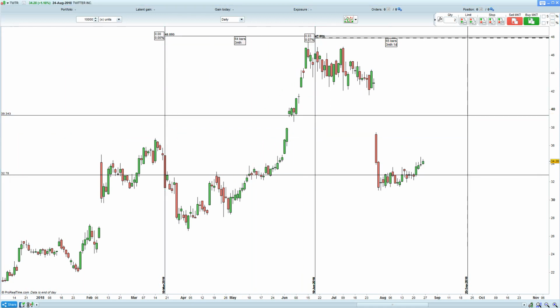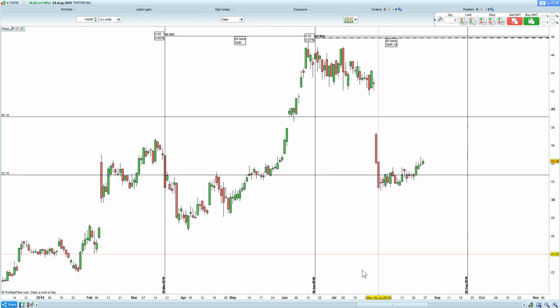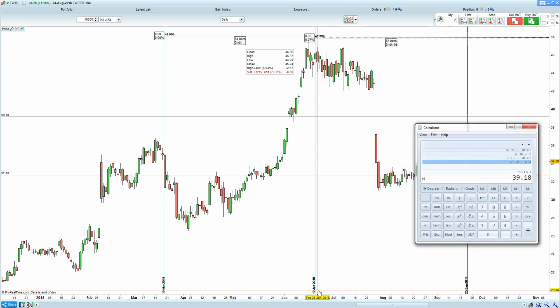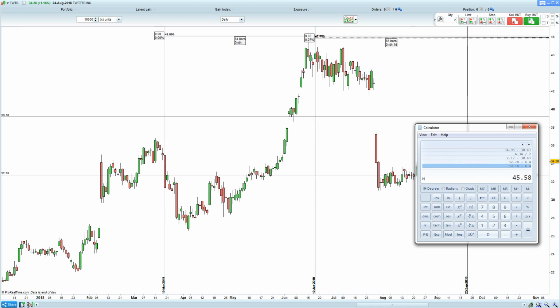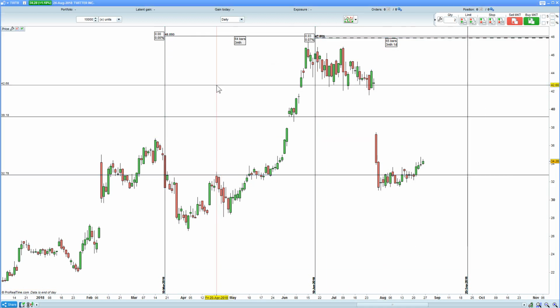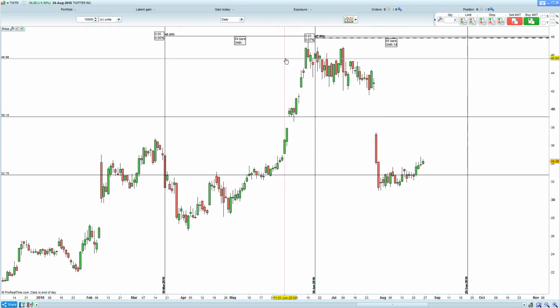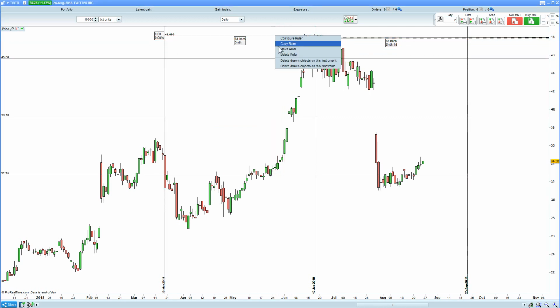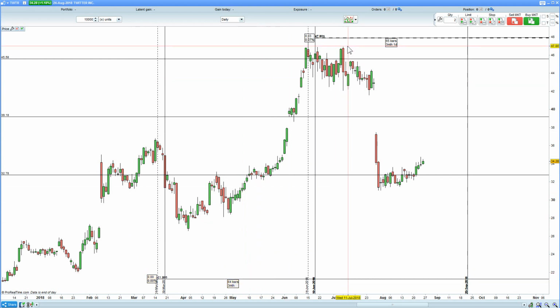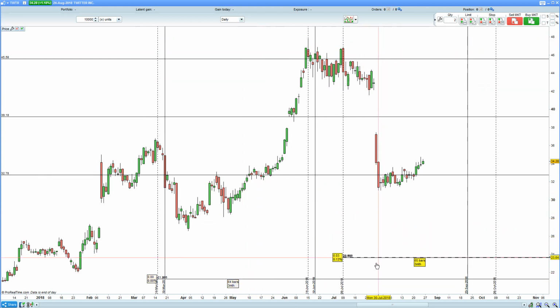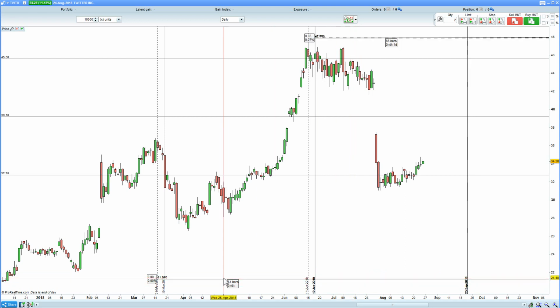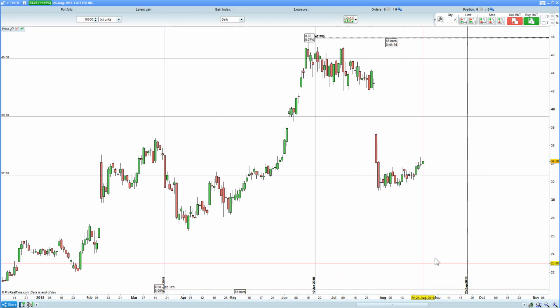So let's configure that, and we get this price level right here. Then simply add another 6.4. We get 45.58. Configure this, and we get another price level up there. I'll move these out of our way.